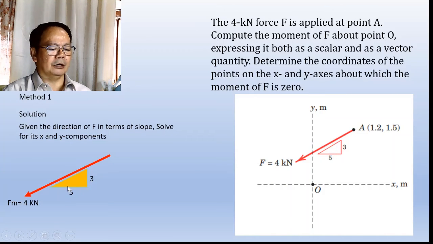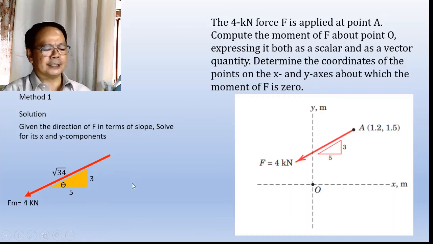This angle, we call theta, and from this ratio we can solve the hypotenuse of the slope triangle, which is equal to the square root of 34, because that comes from 25 plus 9. So from these elements, we can compute or express the components of F by using the parallelogram.